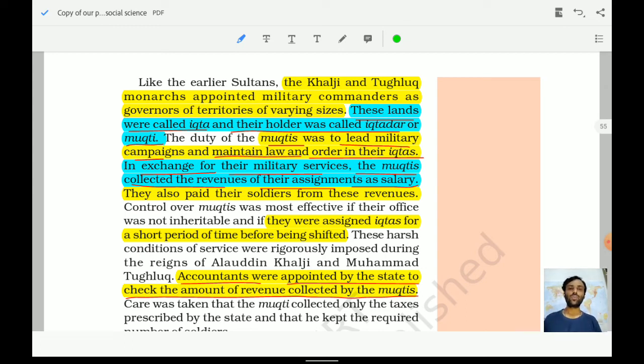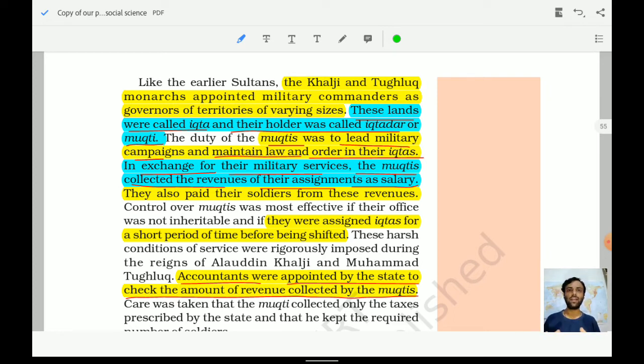The Muktis were to lead the military campaigns and maintain law and order in the Iktas. In exchange for their military services, Muktis collected the revenue of their assignments as salary. So what was the work of these Muktis? They collected the revenue as their salary, because they provided military services, and they must have maintained some military with them.